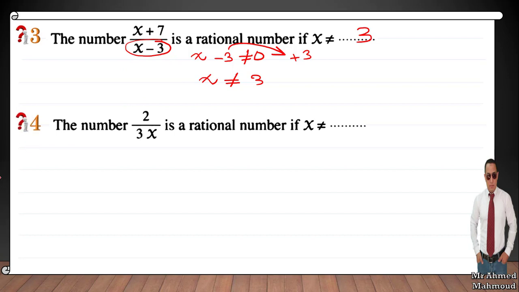Number 4: the number 2 over 3x is a rational number at x equal what?